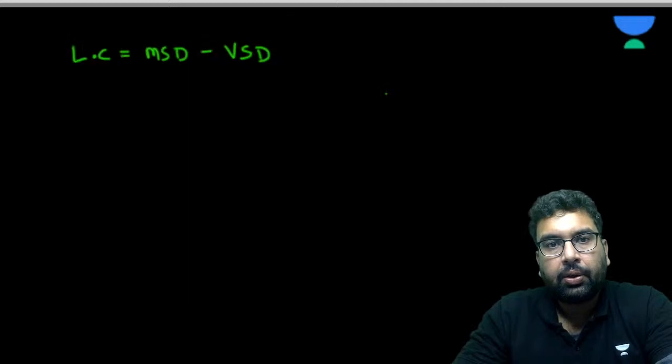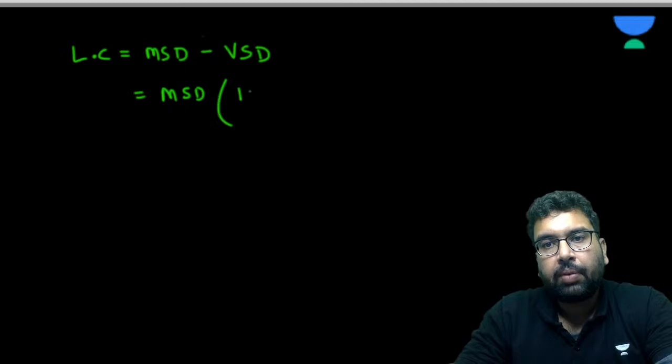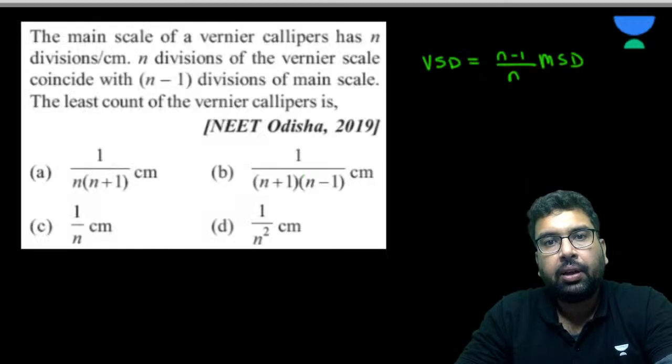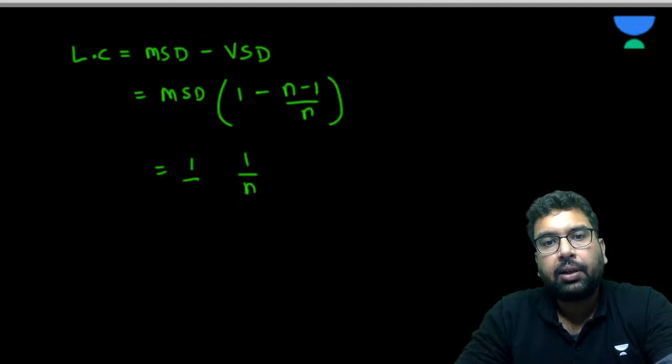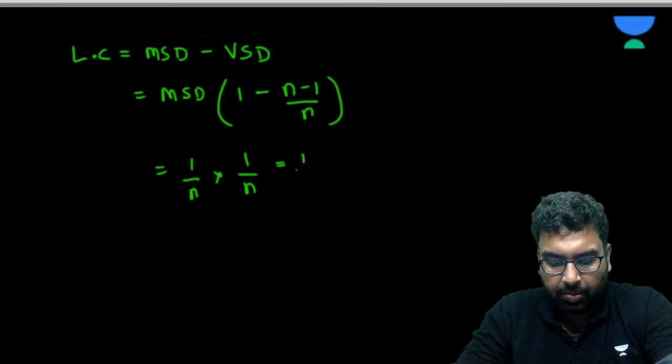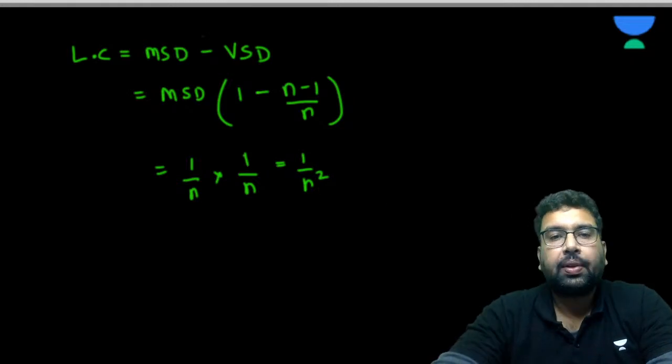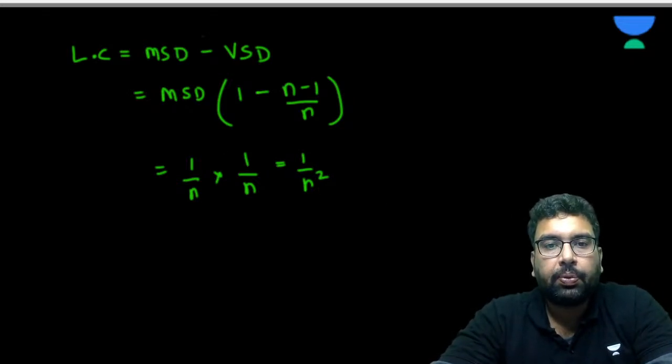So least count is MSD times 1 minus n minus 1 upon n, which becomes MSD by n. The main scale division is 1 by n, since there are n divisions per centimeter. So it becomes 1 by n square. Understood? Okay, let's move to the next question.